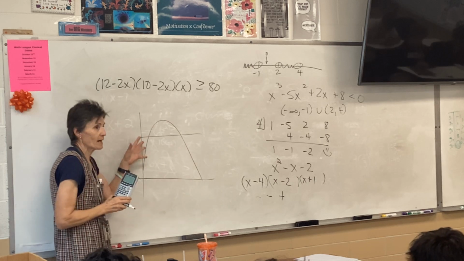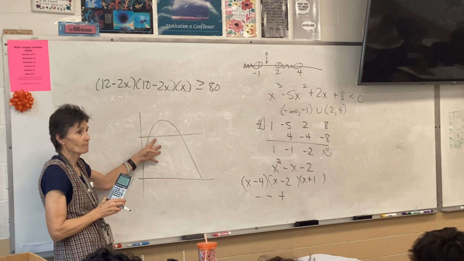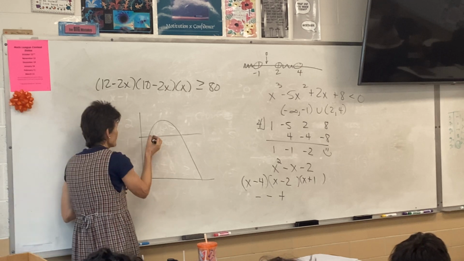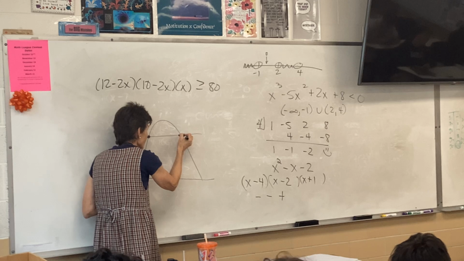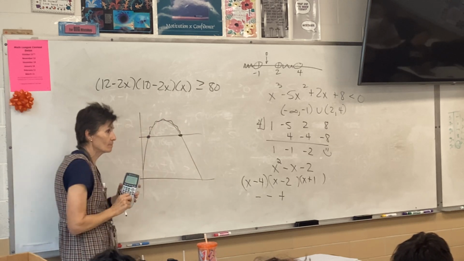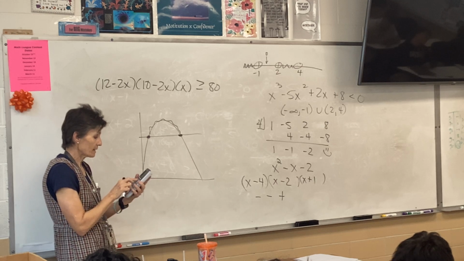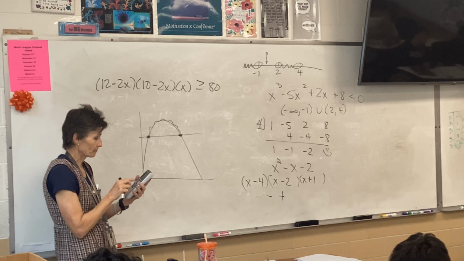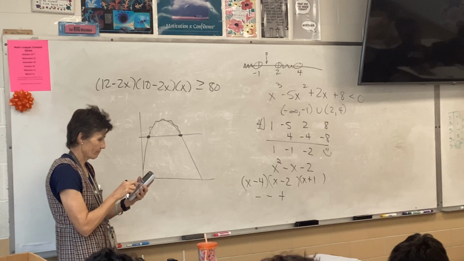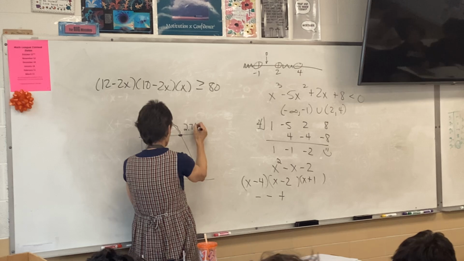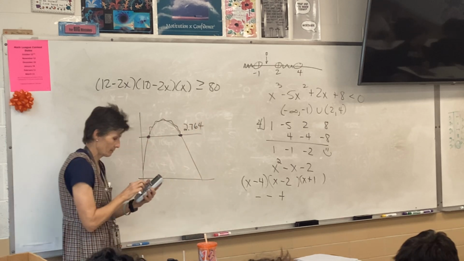So hopefully you got something that looks like this. And here is where we equal 80, and here is where we're above 80. So second calc, intersect. 2.764 is that one.